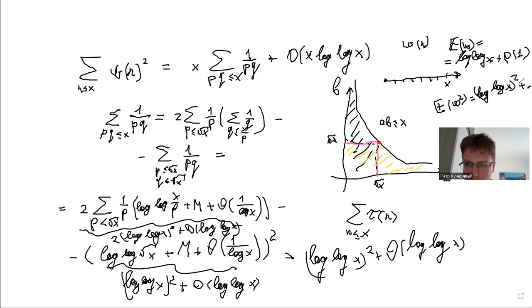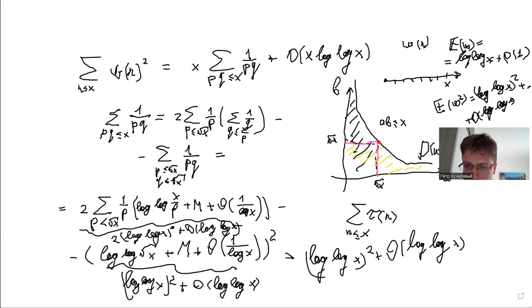Here is big O of 1, here is big O of double logarithm of x. And what's the variance of omega? You know that it is the expected value of the square of omega minus the square of the expected value.